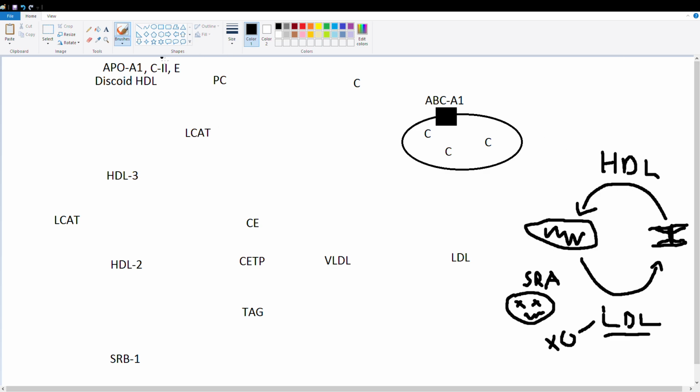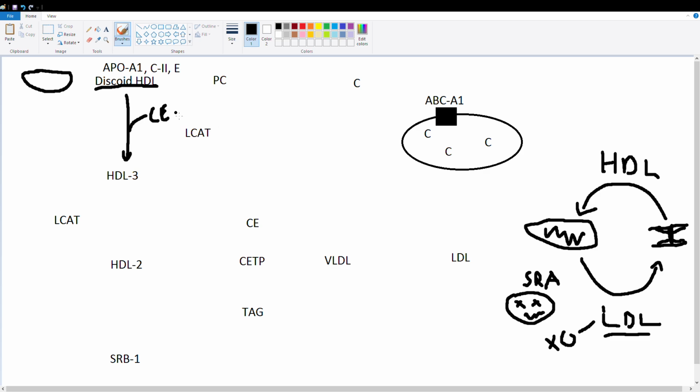How does it do this? So HDL is produced by the liver, and in its nascent form it's called discoid HDL. It contains three important apolipoproteins, ApoA1, C2, and E. After it's born and gets shot out into your blood, this discoid HDL is going to start gathering cholesterol. So it gathers cholesterol in the form of cholesterol esters.